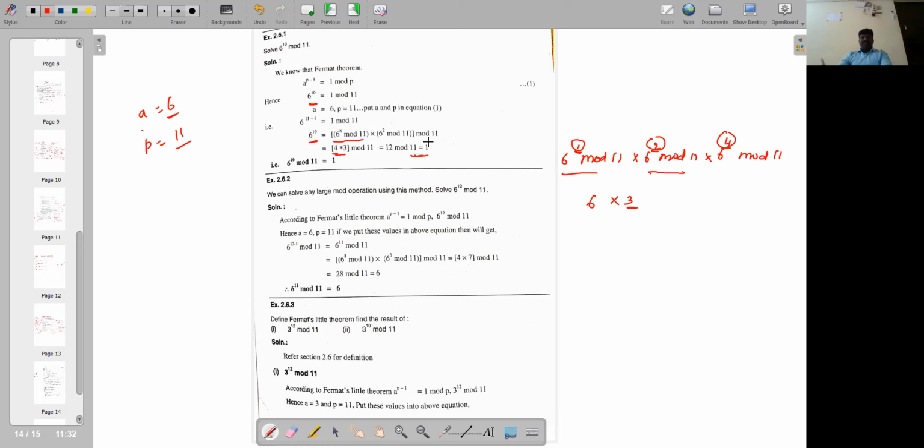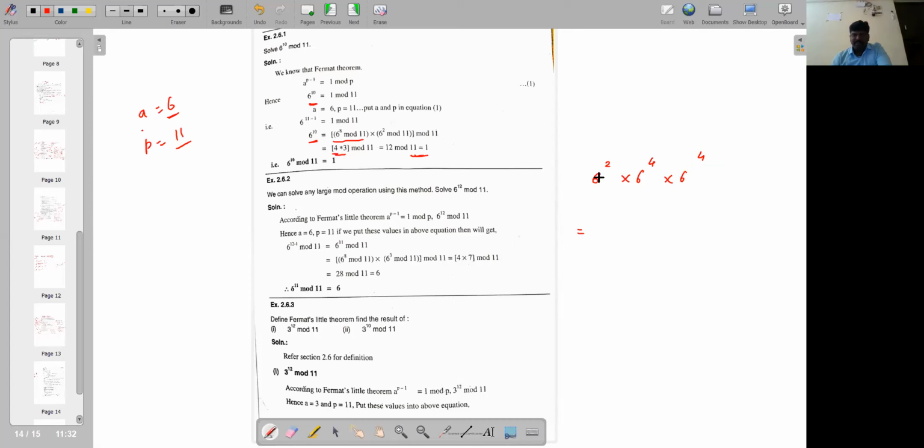Is it clear? If you want, I can explain this also, but you need to say. How can the 10 be split, right? Otherwise, I'll just start from the beginning. So 6 power 10 can be split in such a way that 6 power 2, 6 power 4, again 6 power 4.